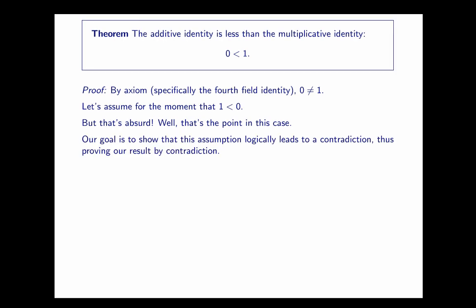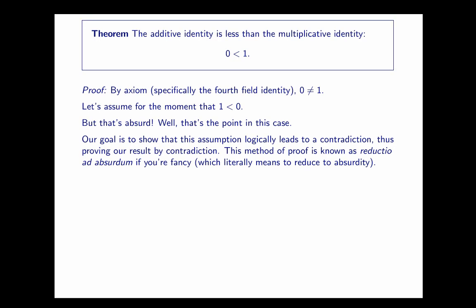Our goal is to show that this assumption logically leads to a contradiction, thus proving our result by contradiction. In other words, if we assume that 1 is less than 0, and that implies an impossibility, then it can't possibly be true that 1 is less than 0. And 0 can't equal 1, so by the trichotomy axiom, we would have our result. This method of proof is known as reductio ad absurdum, if you're fancy, which literally means to reduce to absurdity. And if you're not so fancy, it's a proof by contradiction.